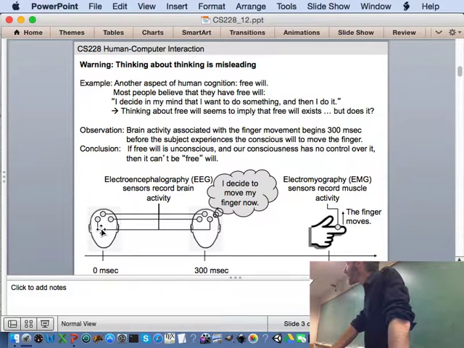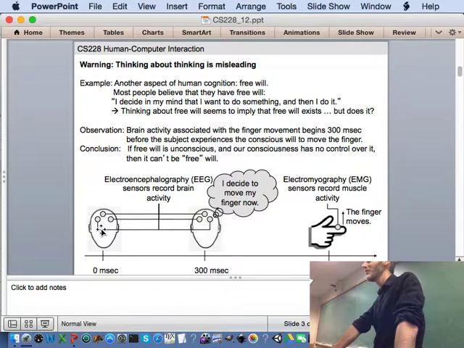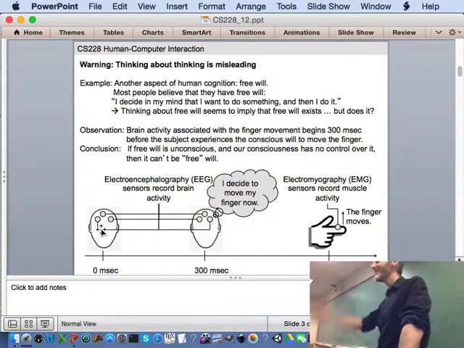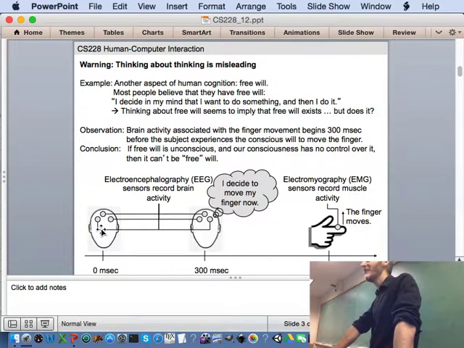In this case, the decision to move the finger seemed to be subconscious, right? The subjects were not aware that they had decided at this time to move their finger. But if they're not conscious of it, how did they decide? If you ask somebody, they would say, I decided at this time to move my finger.